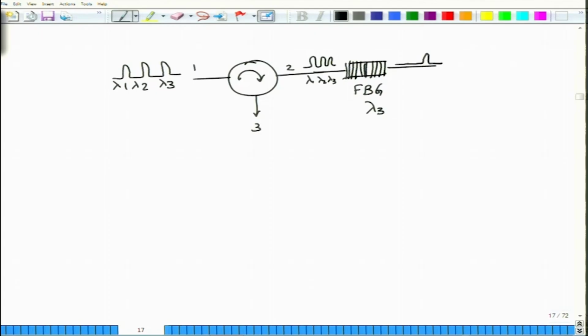So it will actually carry only lambda 3 out, and it will push or reflect back lambda 1 and lambda 2. So you have these two channels which are now reflected back, and then they start moving towards the circulator.